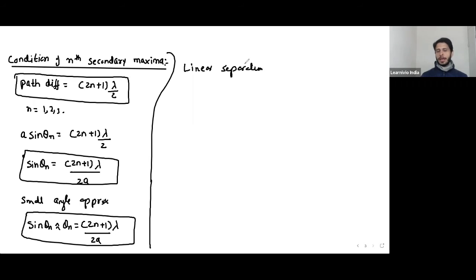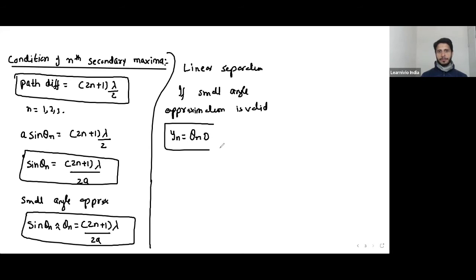If small angle approximation is valid, then you can write that yn is theta n multiplied by d.